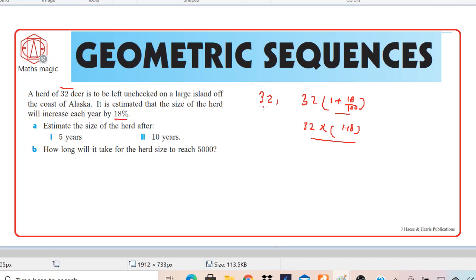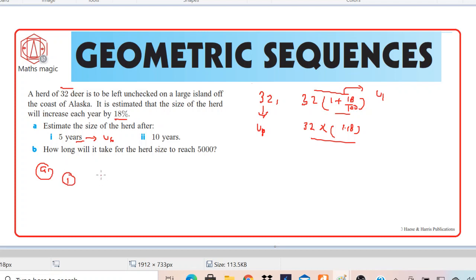So this initial value which we have over here is at the beginning of the year, which is treated as U1, and the value at the end of the first year, or the beginning of the second year, is U2. So if you are looking for 5 years, that means you are basically looking for U6. So let's write everything properly, then we can find the answer.